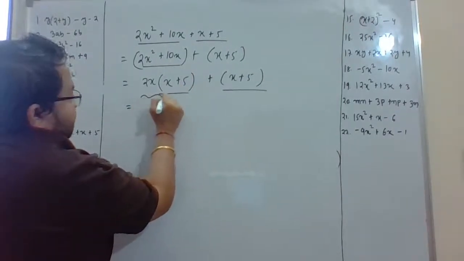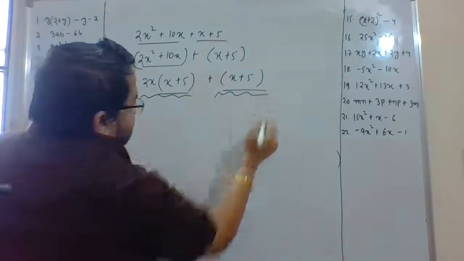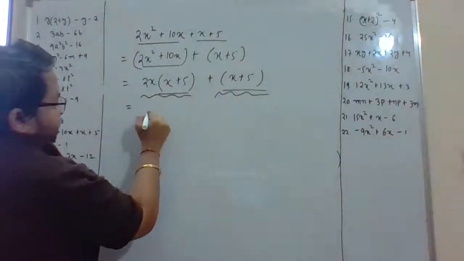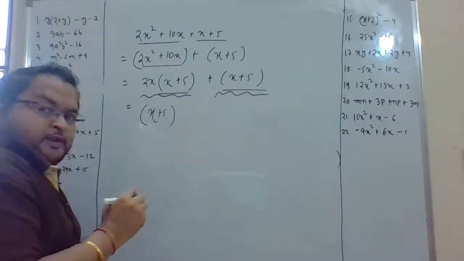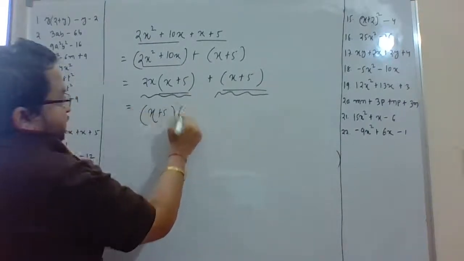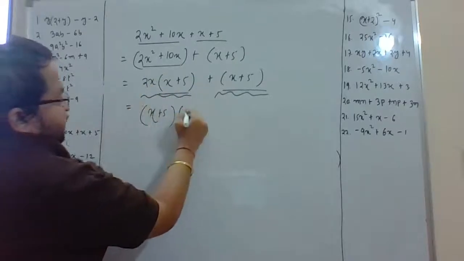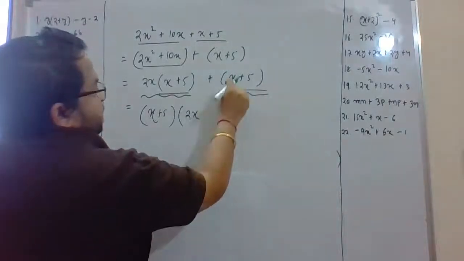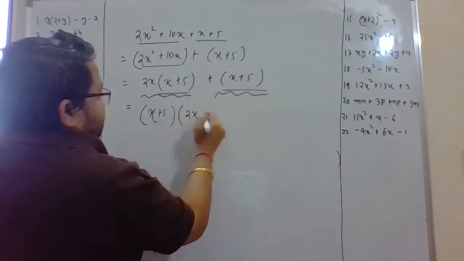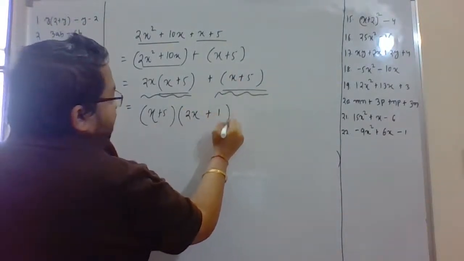Now, between this term and this term, the common factor is x plus 5. So if I take x plus 5 as the common factor, the remainder from the first term is nothing but 2x, and here x plus 5 by x plus 5 is plus 1.